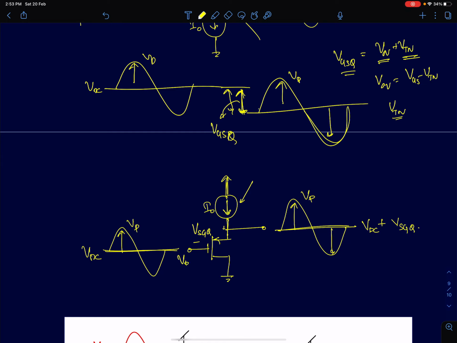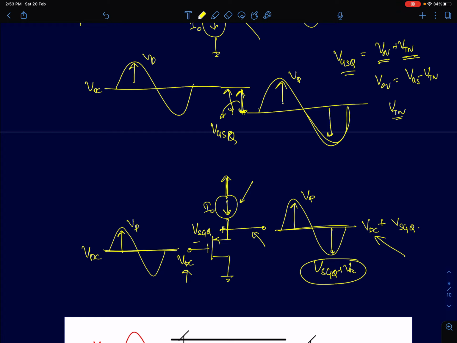Now VDC is the input DC voltage, so the output DC voltage is going to be the sum of the two DC voltages, which is VSGQ plus VDC. That's what I've shown here. So here the DC level is shifted up by VSGQ. We can shift the levels either to a lower value using an NMOS source follower or to a higher value using a PMOS source follower.